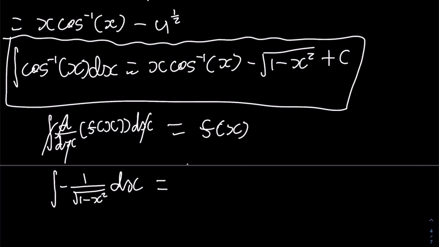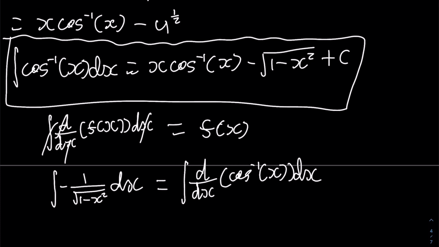So this is equal to the integral of the derivative with respect to x of the inverse cosine of x, and that integral is with respect to x. These cancel, and you're just left with the inverse cosine of x. And you can here, in fact, put a plus c because this is indeed a valid answer to this integral.